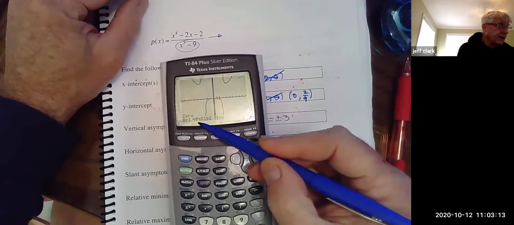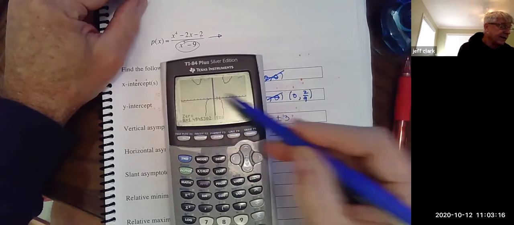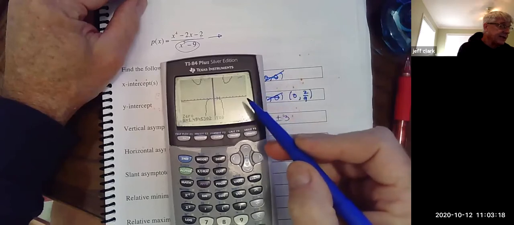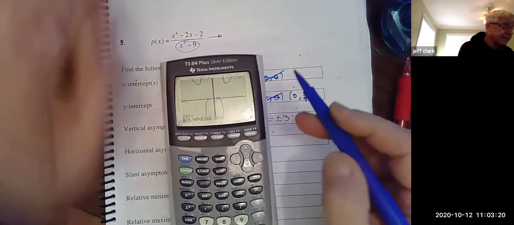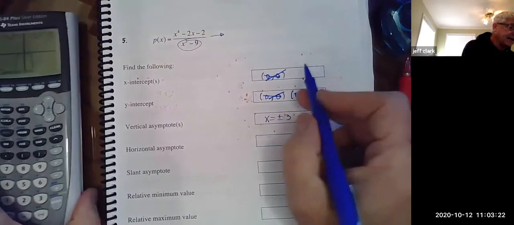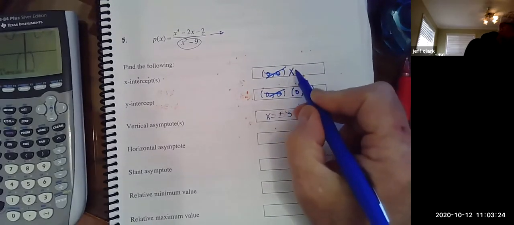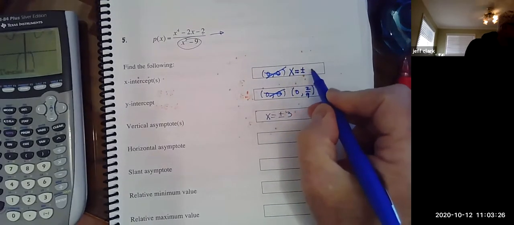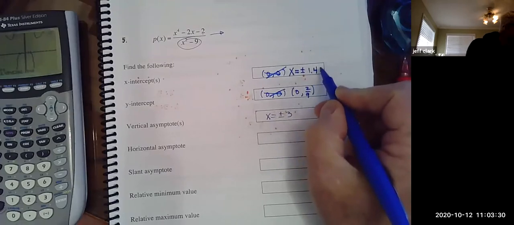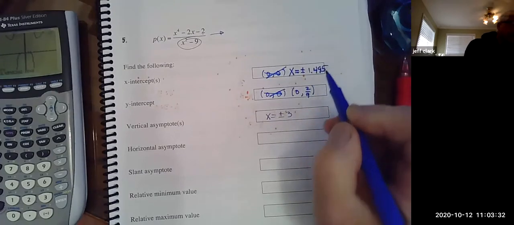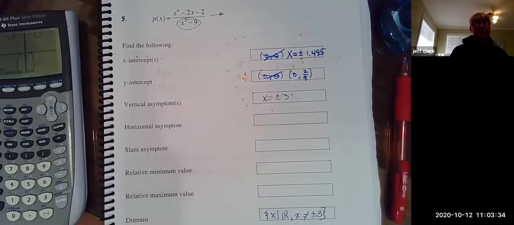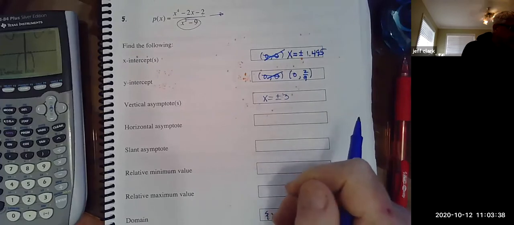And so there's one, there's another one sitting over here. And I bet you because it's symmetric, it's going to be the negative. So I think the x-intercepts equal plus or minus 1.495, maybe 3 decimal places. Horizontal asymptote, there are none.